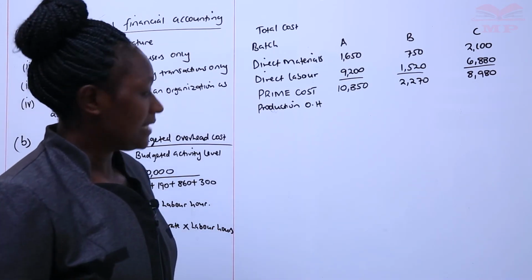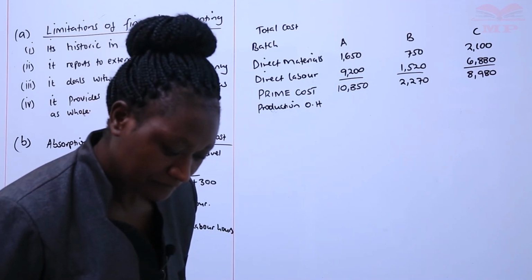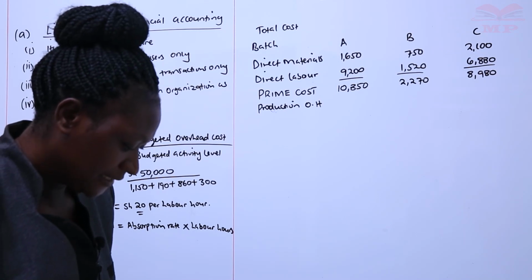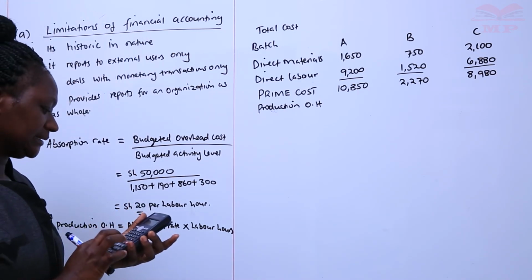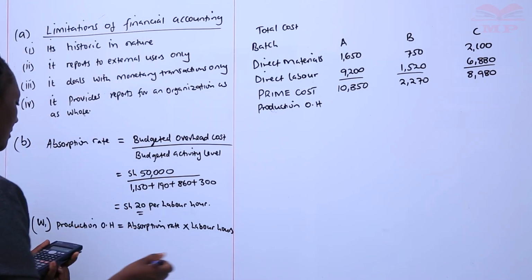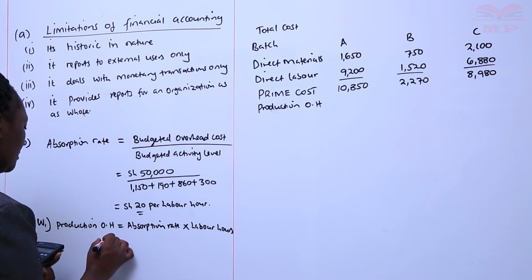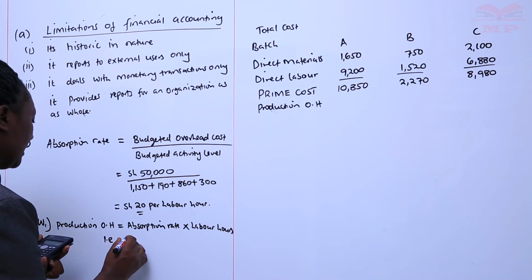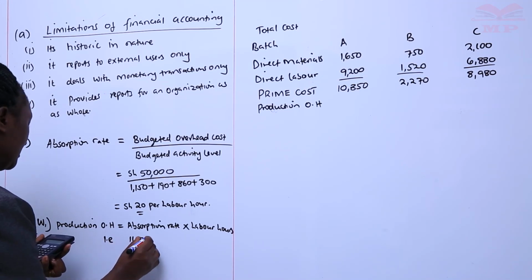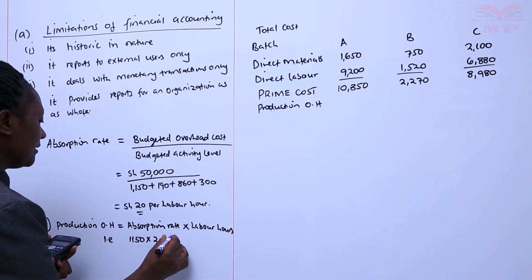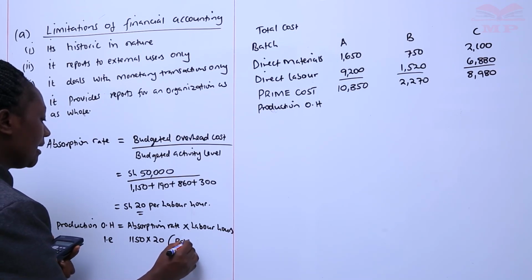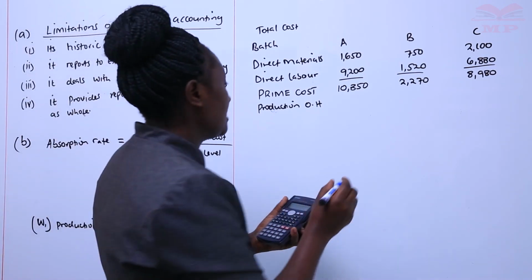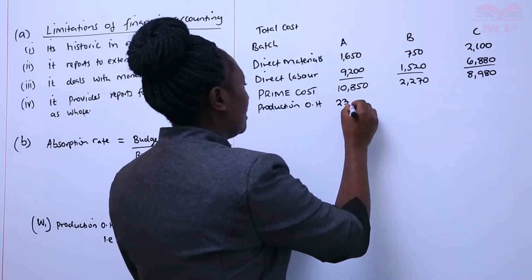So beginning with batch A, the direct labor hours for A were 1,150 and the absorption rate is 20, i.e. 1,150 times 20. This is for batch A. When you multiply that, you will get 23,000.